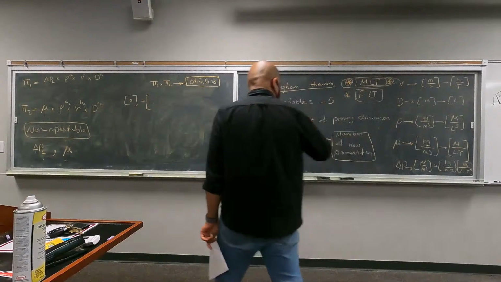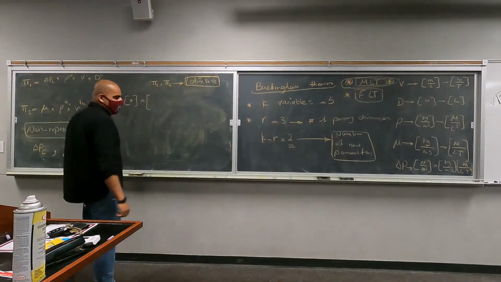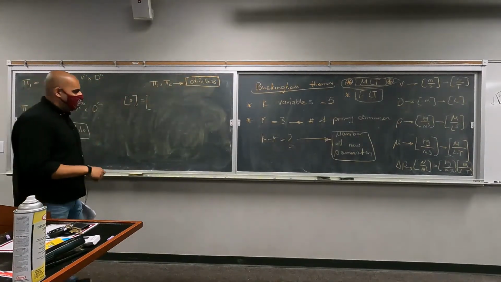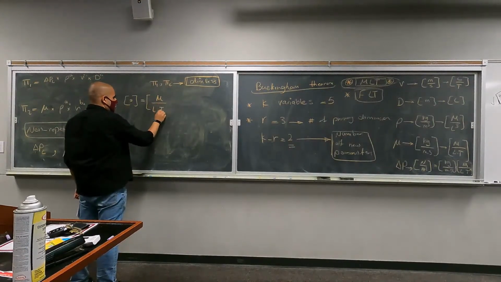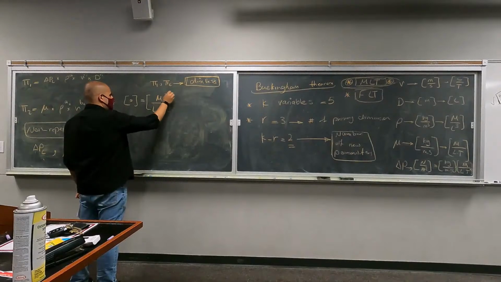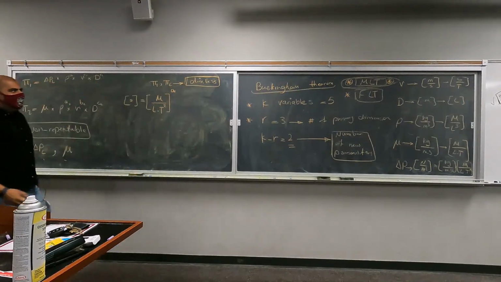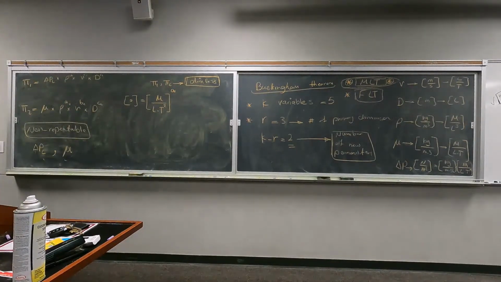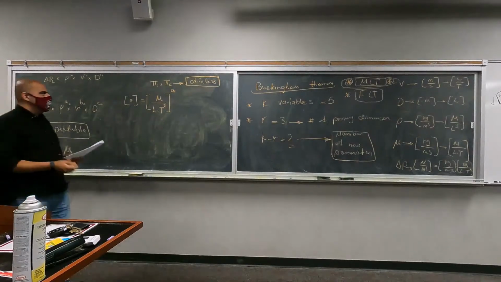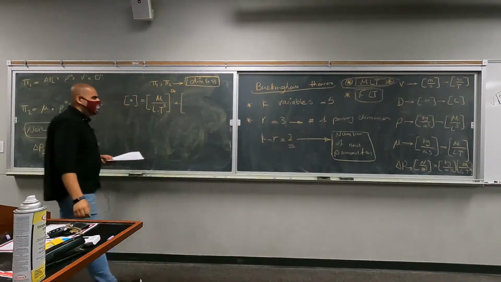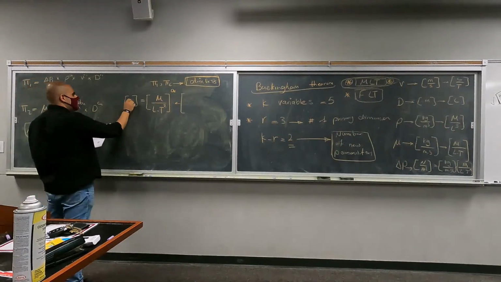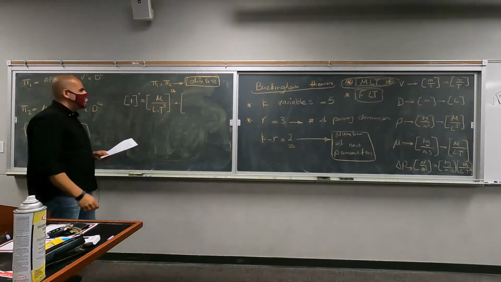So what is the dimensions of delta p in the MLT method? Based on primary dimensions, mass divided by length divided by t squared, right? This is to the power a1. Then, that's actually 1 to the power 0.